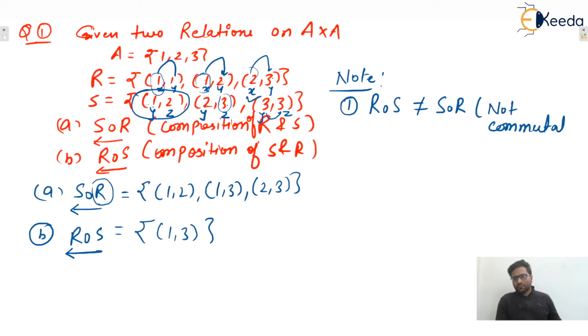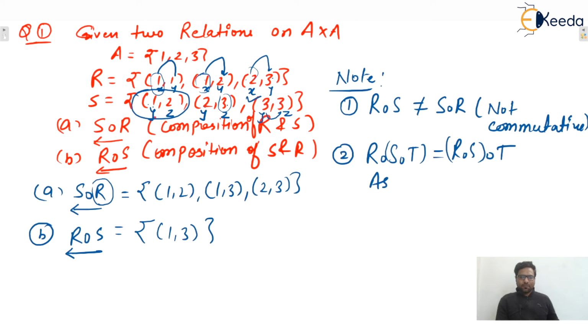Next one, you only tell me. Composition of R with S of T, that is R of S of T. Yes, that is correct. That's why composition of relations is associative, isn't it? I hope this one is clear to everyone.